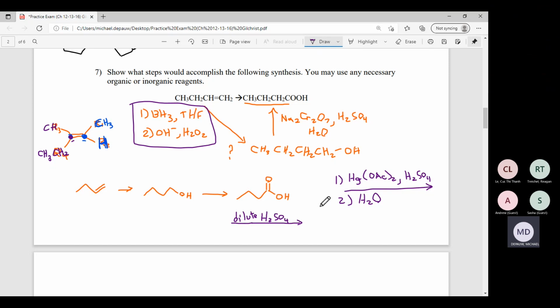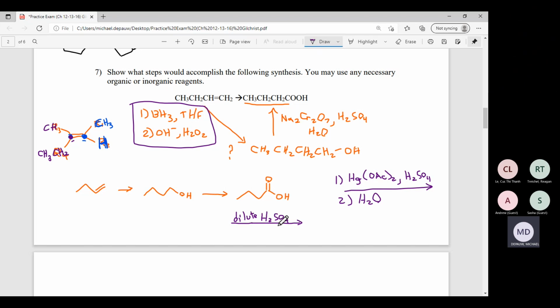Now, the difference between those two is the dilute acid allows for rearrangement. The dilute H2SO4 involves the carbocation mechanism, and anytime you have a carbocation form, you can have rearrangement to a more stable carbocation.